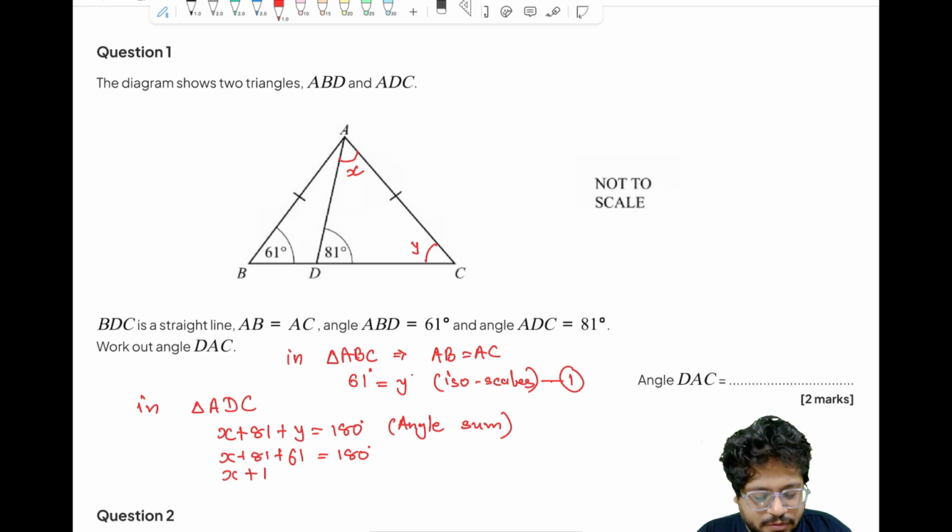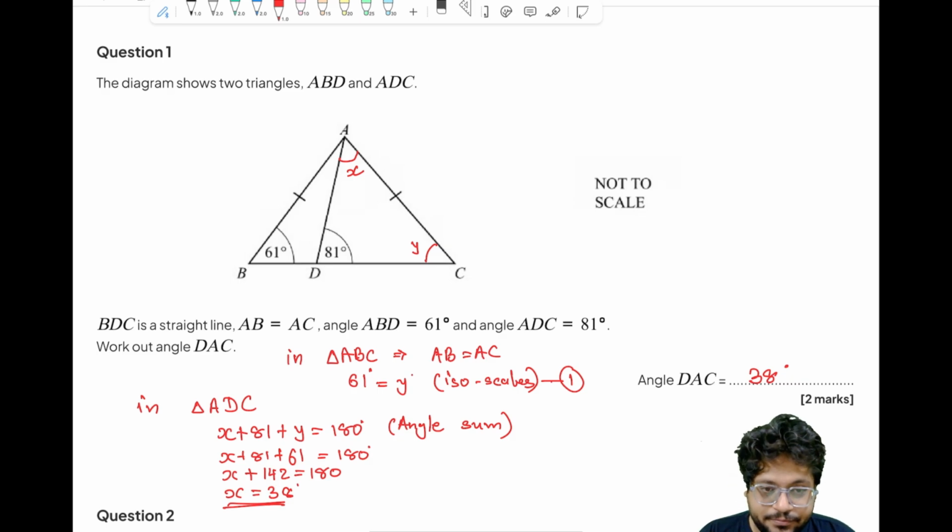So X plus 142 is equal to 180. Now 142 will go in subtraction, so that will be 38. So this is 38. Clear?